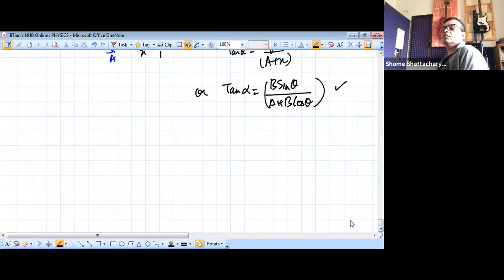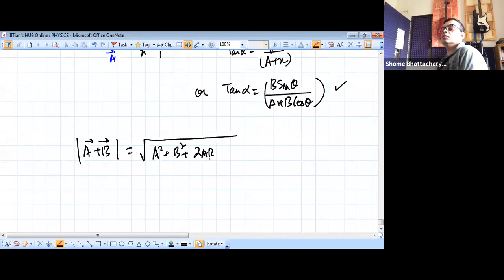So collectively, we have the two formulas: magnitude of A plus B is equal to root of A square plus B square plus 2AB cos theta, and tan alpha is equal to B sin theta upon A plus B cos theta.